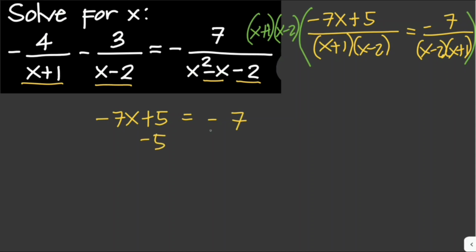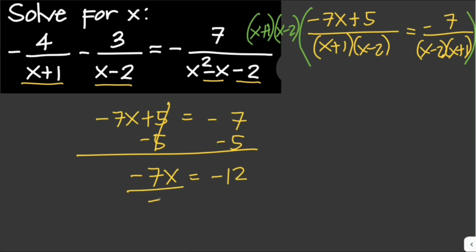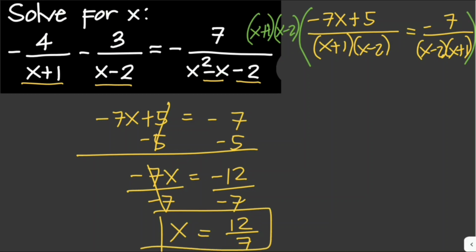And then subtracting 5 from both sides, we have negative 7x equals negative 12. And then solving for x, we divide both sides by negative 7. So the value of x is equal to 12 over 7, which is also an improper fraction. And you can always write this in decimal form or a mixed number form.